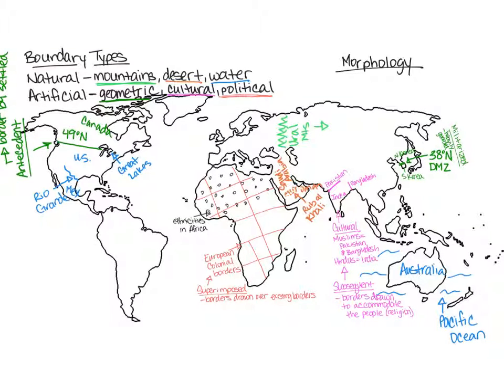Okay, and so morphology is just state shapes. We care about these because this can either make an area really easy to rule or a little bit more complicated. Okay, so we're going to look at 5 shapes. We're going to look at compact. We're going to look at elongated.